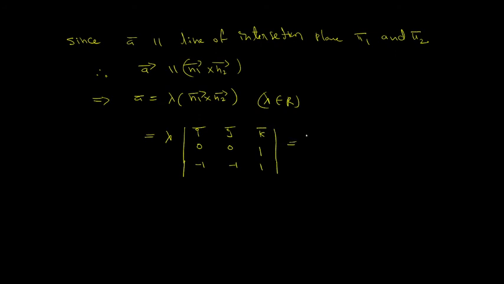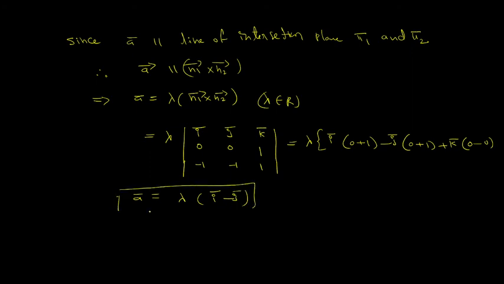Now expand this: lambda into i bar into 0 minus of minus 1, minus j bar into 0 minus of minus 1, plus k bar into 0 minus 0. Therefore a bar equals lambda into i bar minus j bar. This is vector a bar.